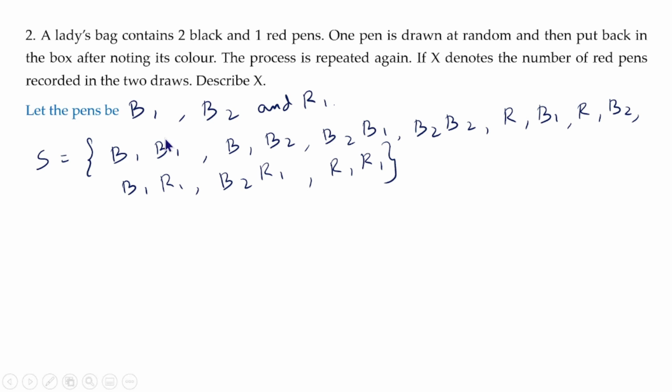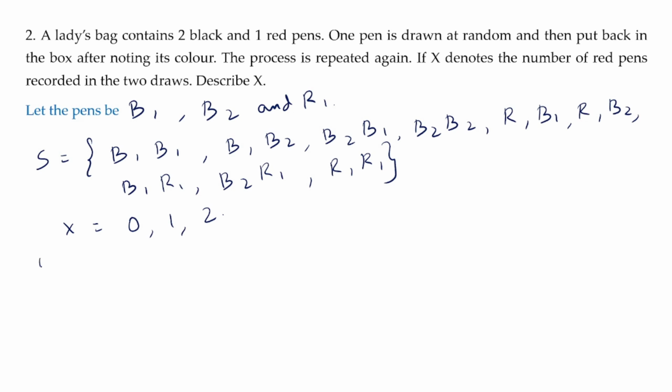So here we can see that X takes the values 0, 1 and 2. If we are asked to describe X, X denotes the number of red pens recorded in the 2 draws. In all these cases X is equal to 0.